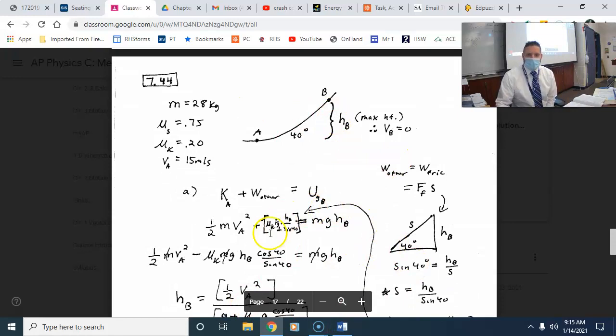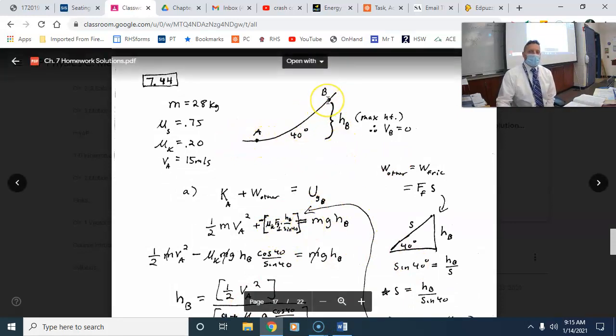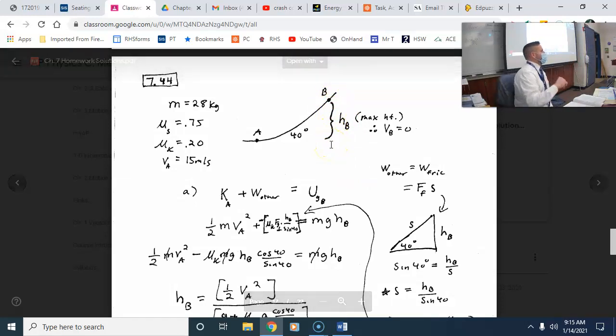Okay, so I'll blow this up a little bit because it's kind of small in there. But position B, once we reach this max height, and the way it was asked was to find the maximum height above the foot of the hill reached by the rock. And that is exactly what would be the height considered in our potential energy that we get to.